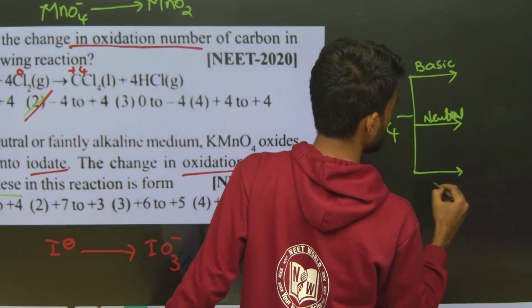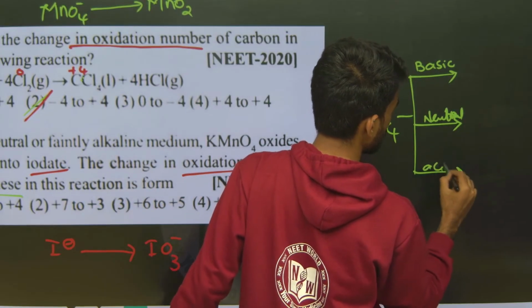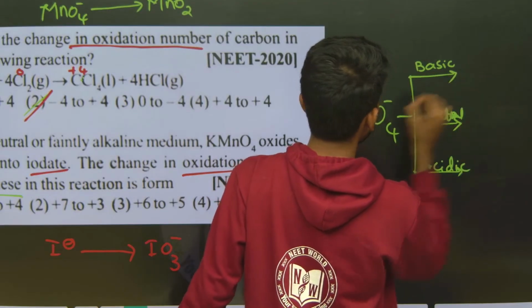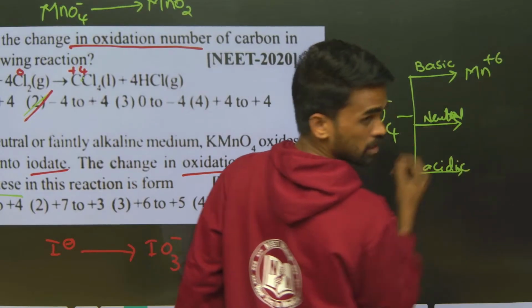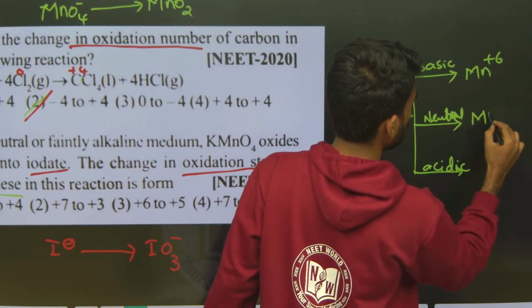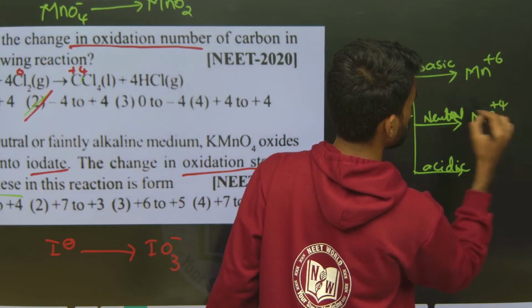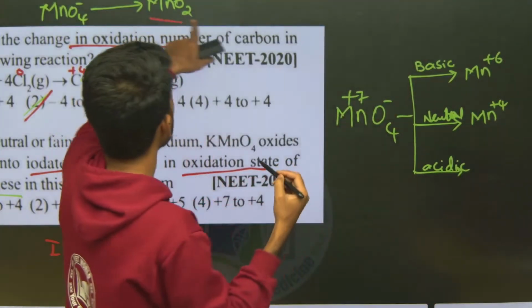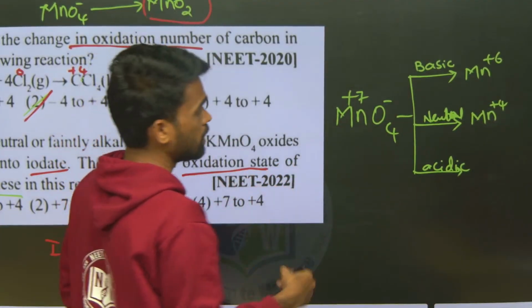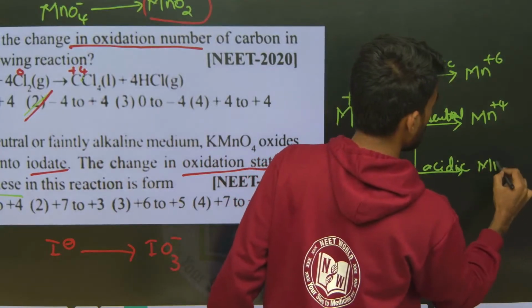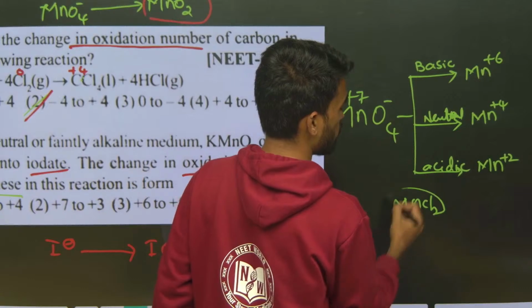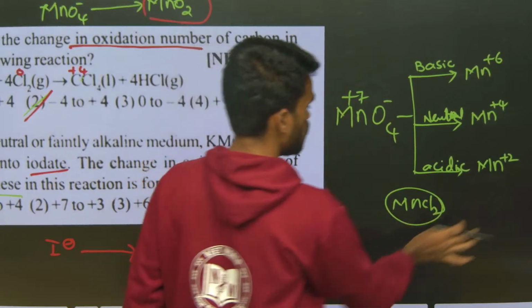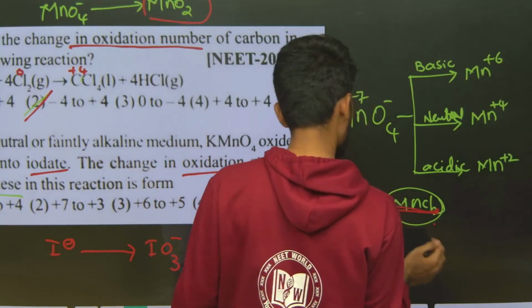And the next, acidic. So what I told you: Mn plus 7 converts into Mn plus 6 in basic. In neutral or slightly alkaline, plus 4. So plus 4 is nothing but MnO2 type of compounds. And the next, Mn plus 2, like MnCl2 kind of compounds might be formed during the reaction depending upon what type of things are involved.